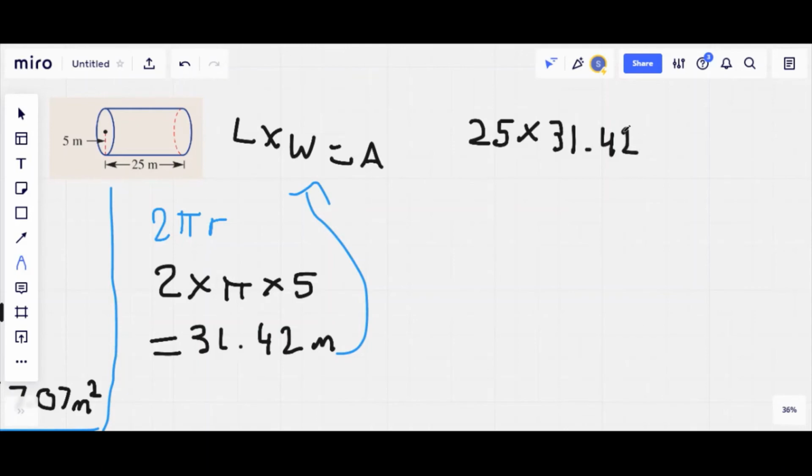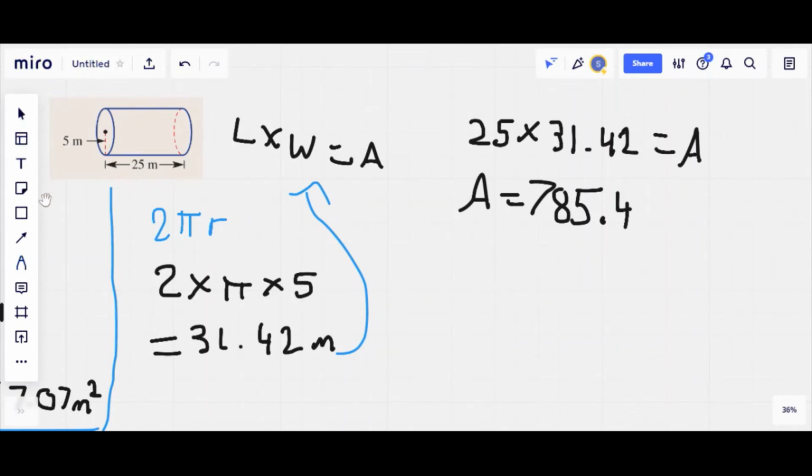That'll give us our area, A, which is equal to 785.4. So that's the area of our rectangle.